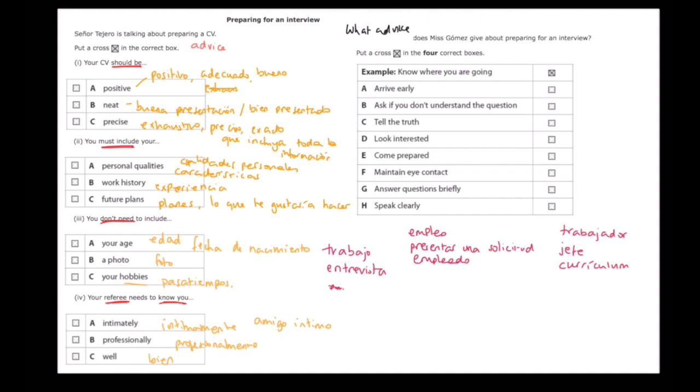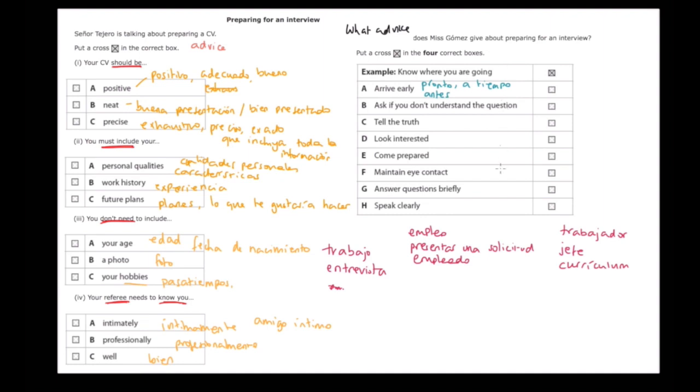So what have we got here? Arrive early. So for early, you might hear pronto. You might hear a tiempo, on time. You could hear things like antes de la entrevista, bastante antes de la entrevista, con suficiente tiempo, with enough time.